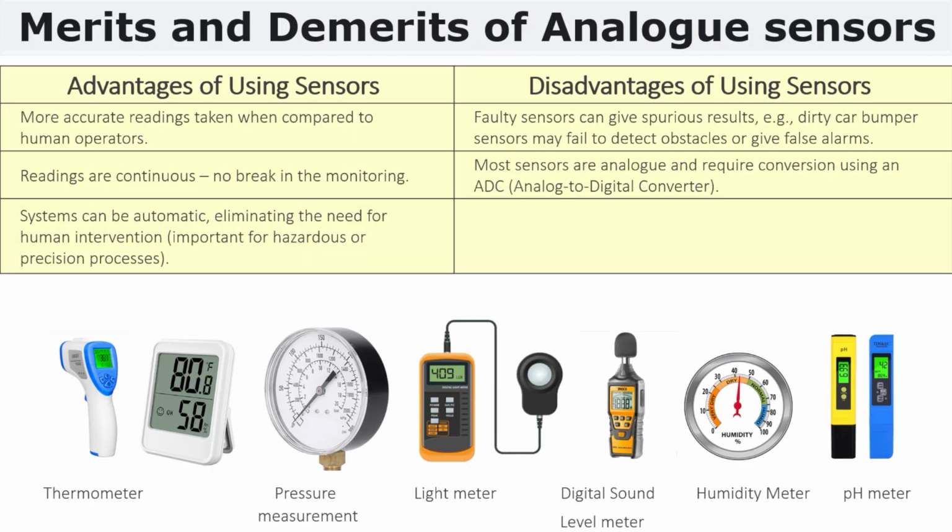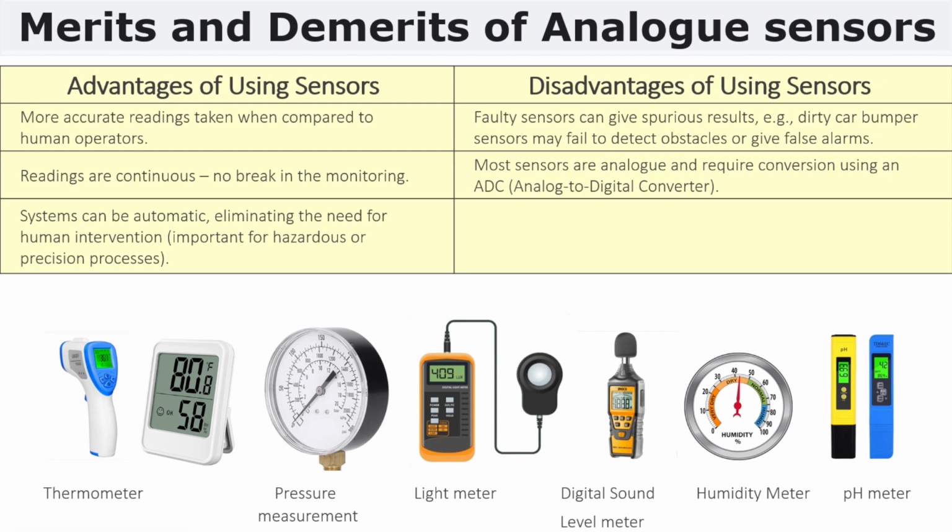Now, there are some advantages and disadvantages to using analog sensors. Because they are not human, taking readings is continuous, so they are able to take readings without a break. When you compare the way they take readings, it is more accurate compared to human beings recording those readings. And finally, the system is automated to eliminate any human intervention as far as reading data is concerned.